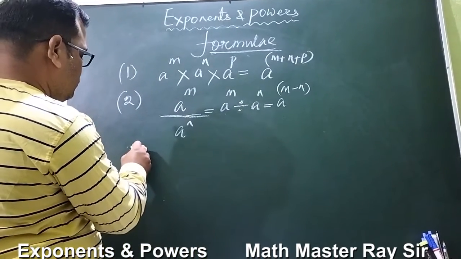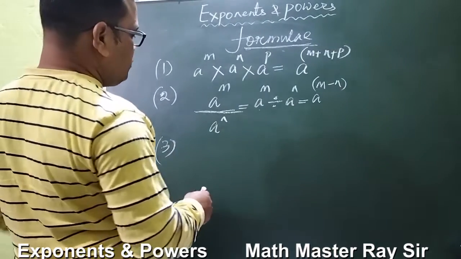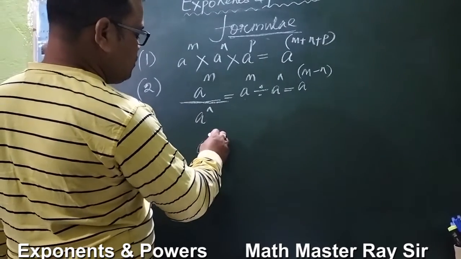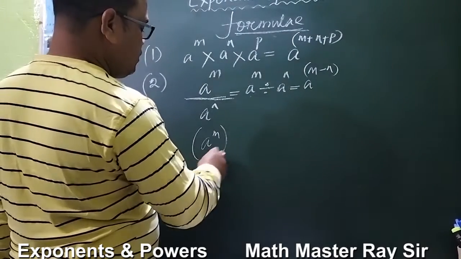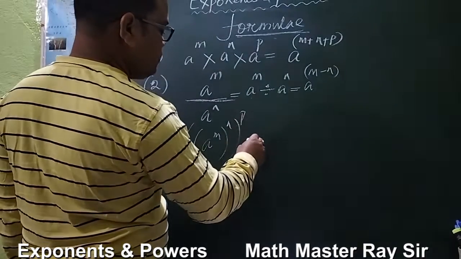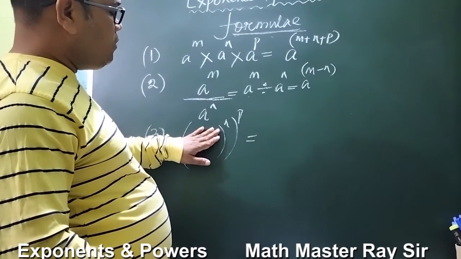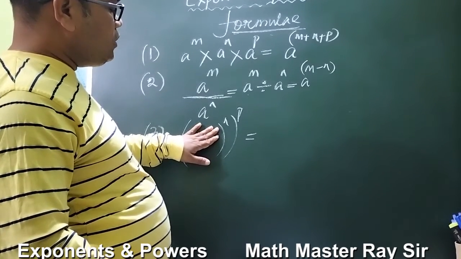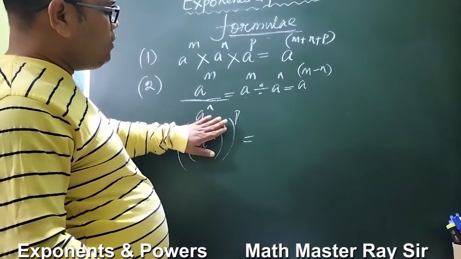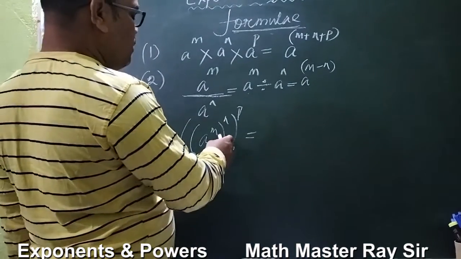Number 3. Power to the power of another power. Suppose a to the power m to the power n to the power p, like this. A to the power m is an exponential term, then it is taking another power p. This is also taking another power p.